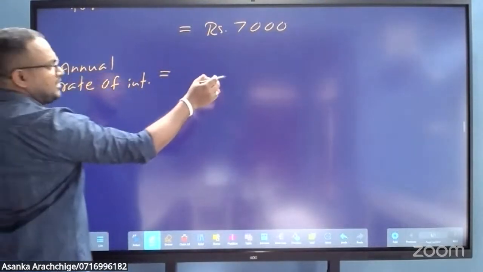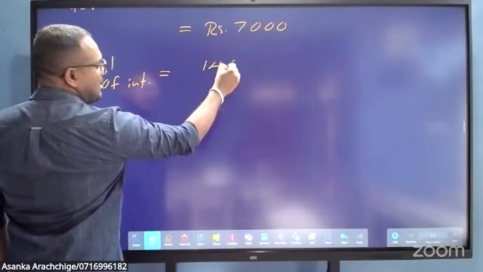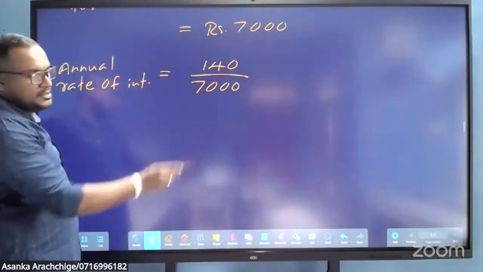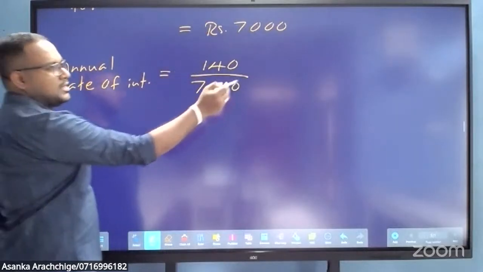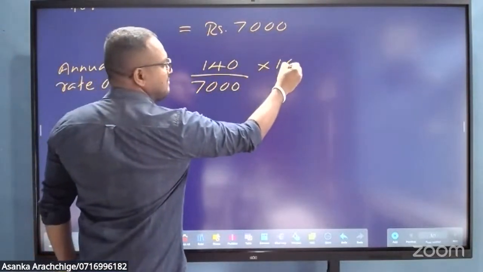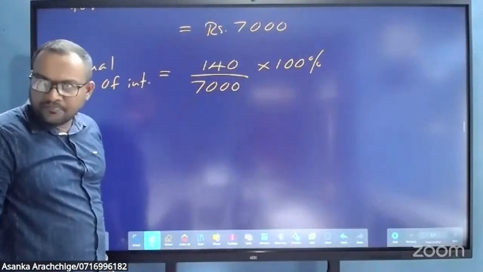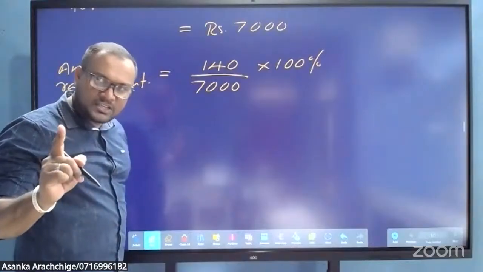The monthly rate is 140 rupees for 7,000 rupees. This is the interest for a month. When we multiply this by 100%, we can get the monthly rate of interest. But a year has 12 months.